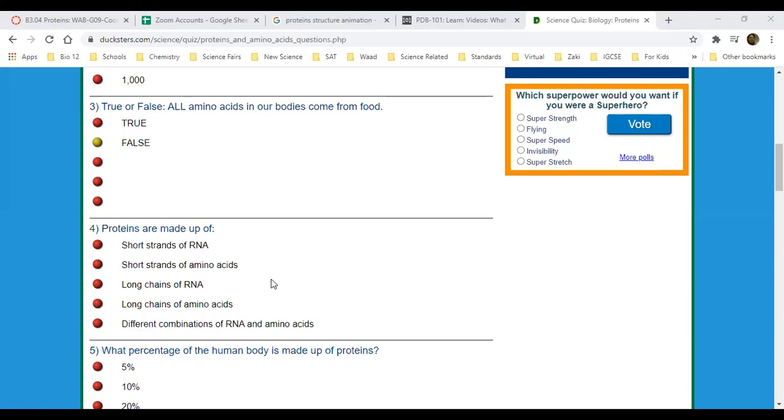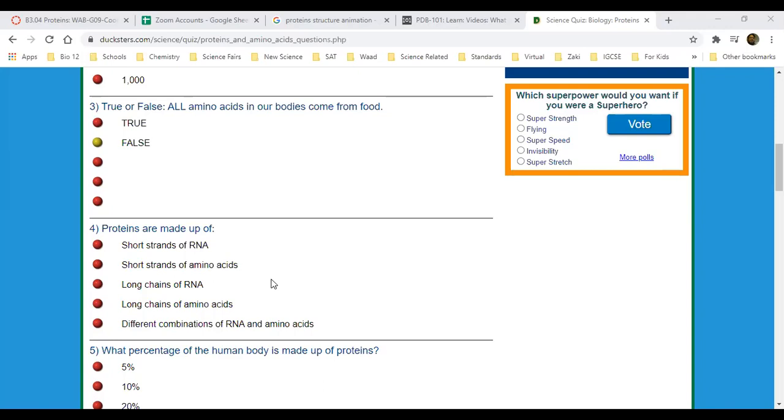Sure. Either short strands of RNA, or the second option is short strands of amino acid. Third option is long chain of RNA. Fourth option is long chains of amino acid. And the fifth option is different combination of RNA and amino acid.